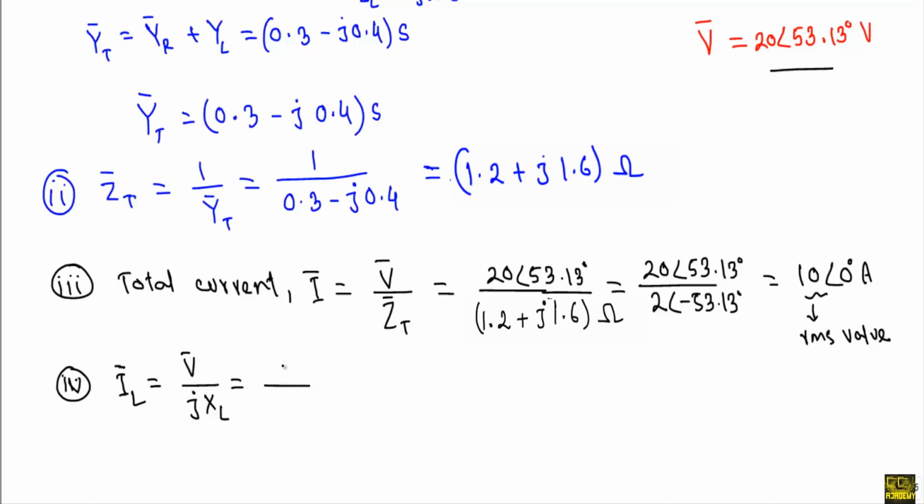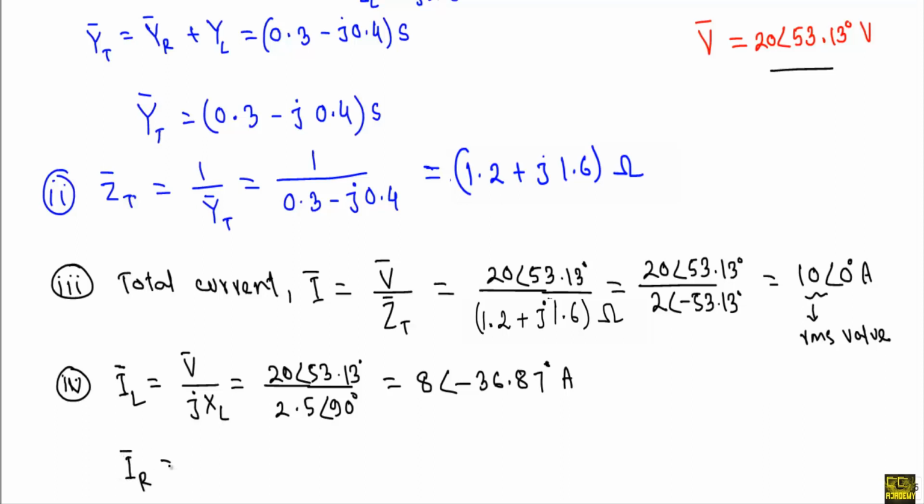Therefore I can write it like this: 20 phase angle 53.13 degree over JXL, which is 2.5 phase angle 90 degree in polar form. Therefore IL will be equal to 8 phase angle minus 36.87 degree ampere.